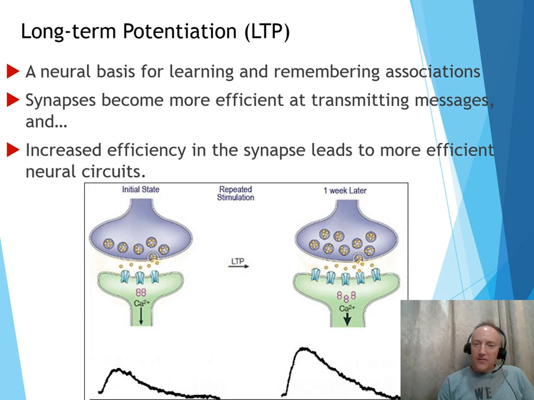So one way of thinking of it is, there's a saying that neurons which fire together wire together. We know that they don't actually wire, that they're separated by a synapse, but those synapses are more efficient at sending messages to one another.